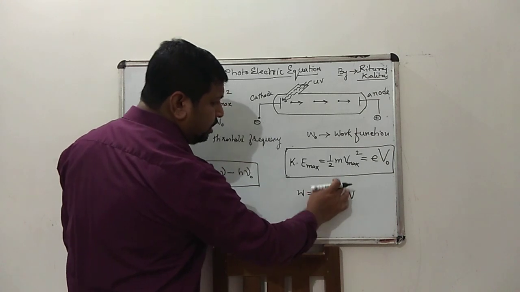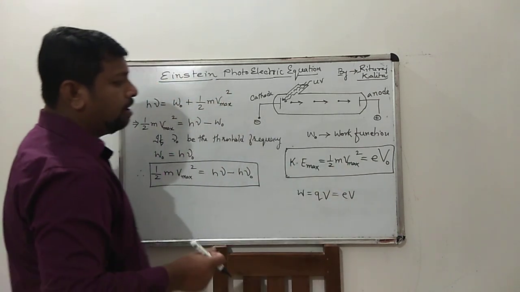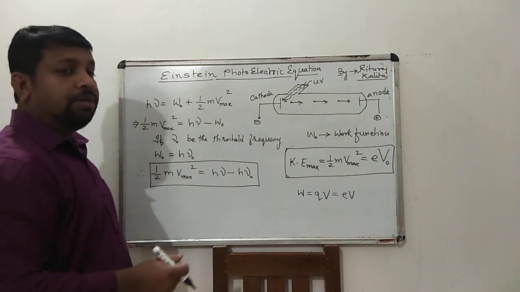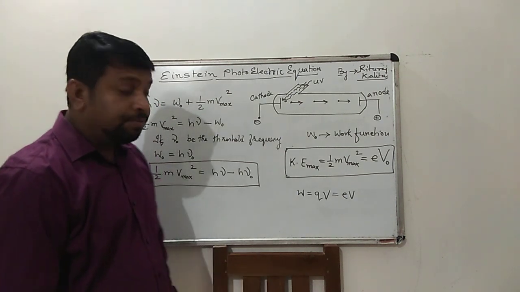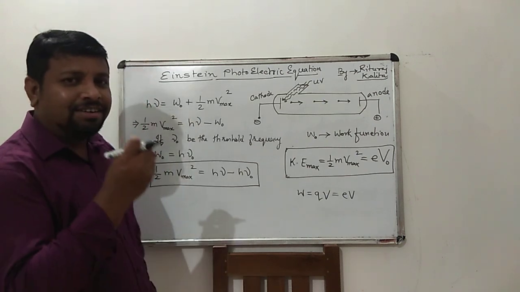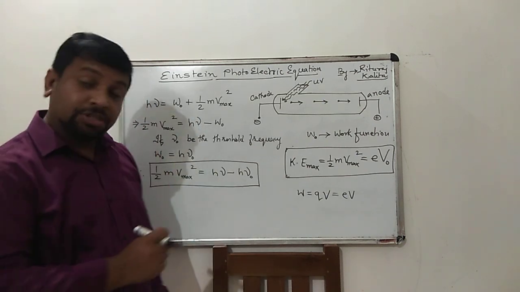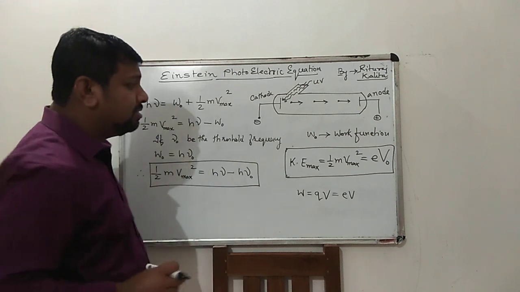From this we get the formula: kinetic energy equal to half m v max square equal to e V naught.